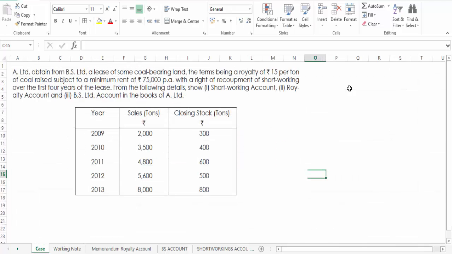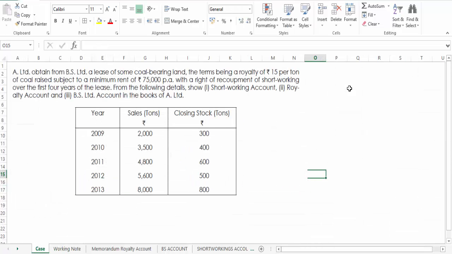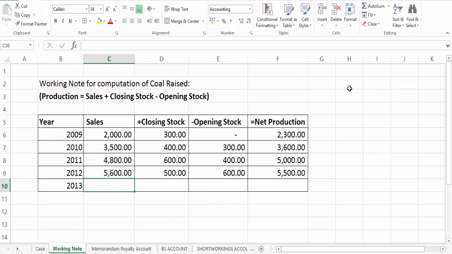And what about the closing stock? It is 500. Opening stock we can pick up, it is 600, and the production is 5,500. And finally 2013, sales is 8,000, closing stock is 800, and opening stock we can pick up, which is 500. So the production is 8,300.